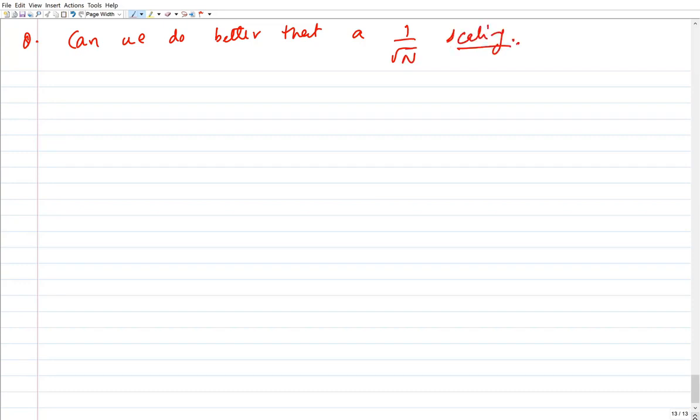If you notice, so far we have not been able to exploit any quantum aspect. So far we have not been able to exploit any quantum property.